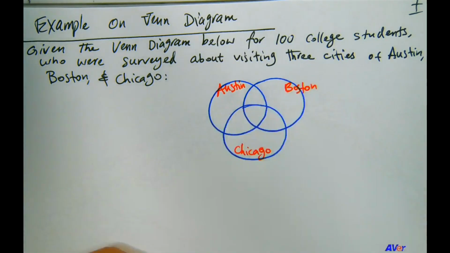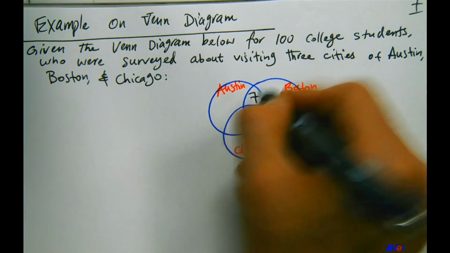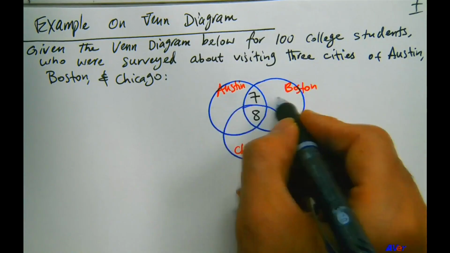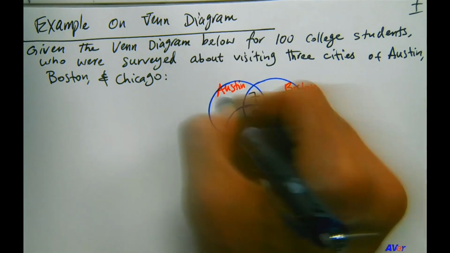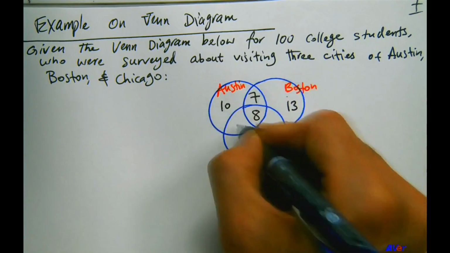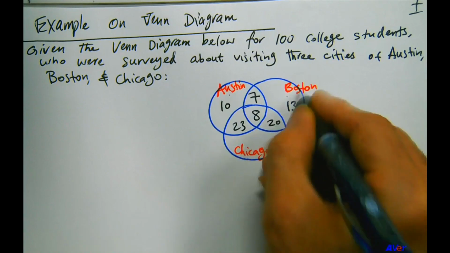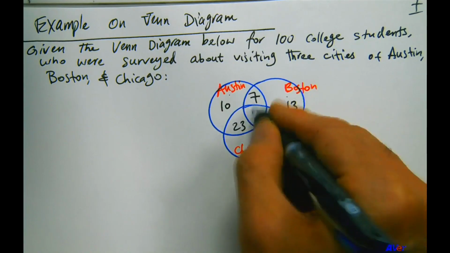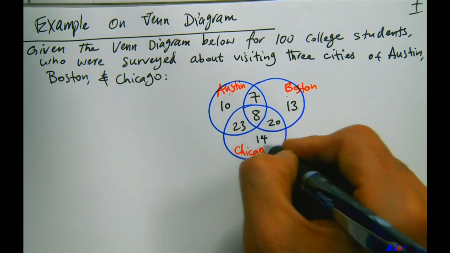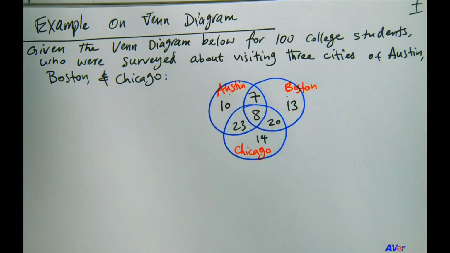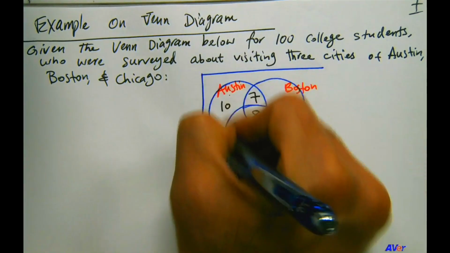So we have 8 people here who visited all 3 cities, 7 who visited Austin and Boston, and then 13 just Boston, 10 just Austin, 23 Austin and Chicago, 20 Boston and Chicago but not Austin, and then 14 just Chicago. By the way, I should actually draw a box around this.